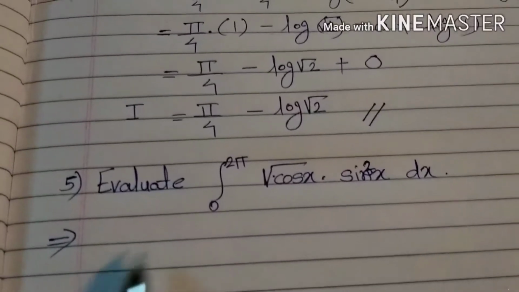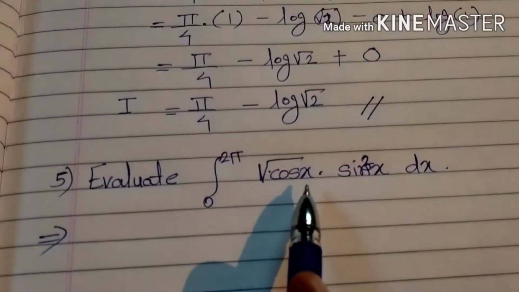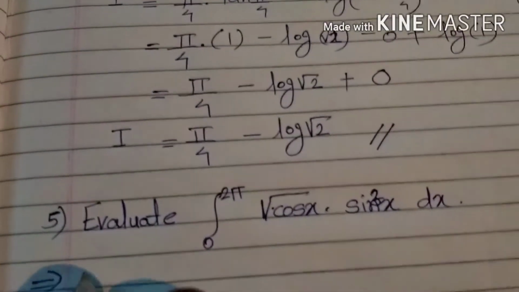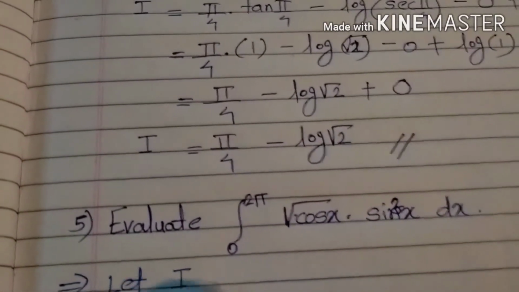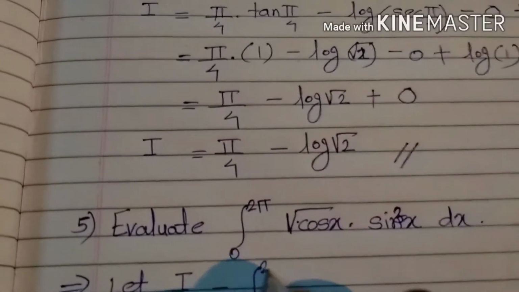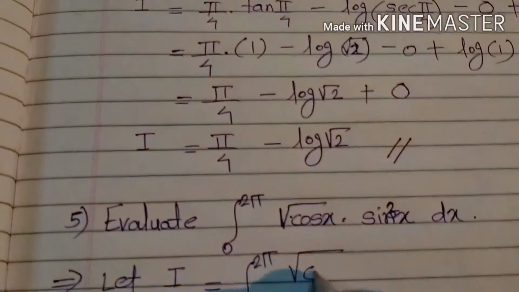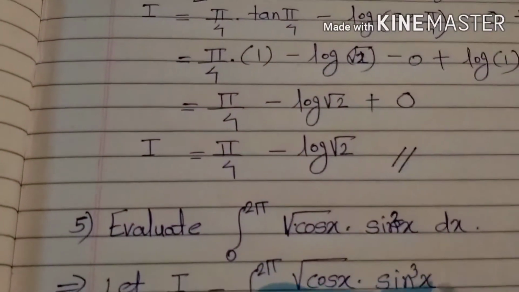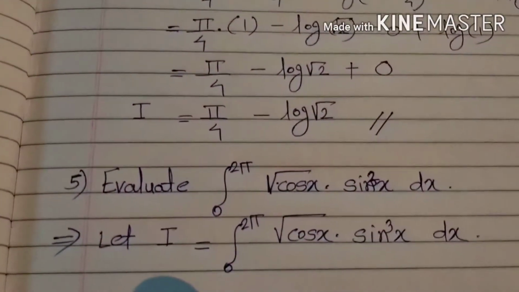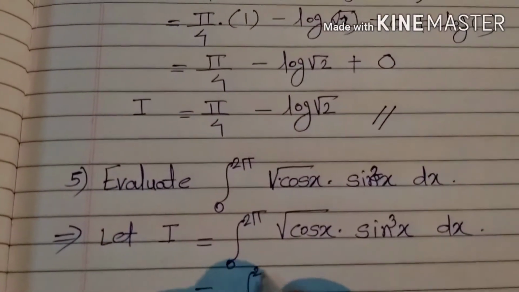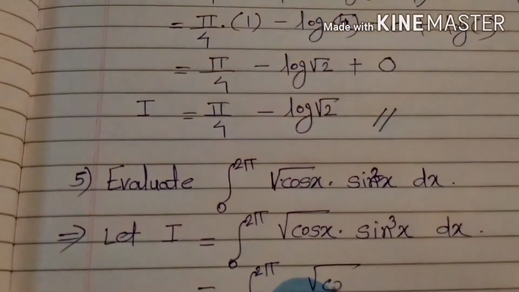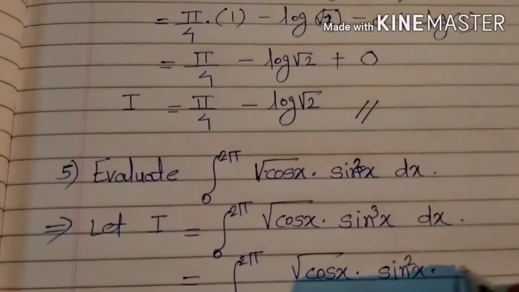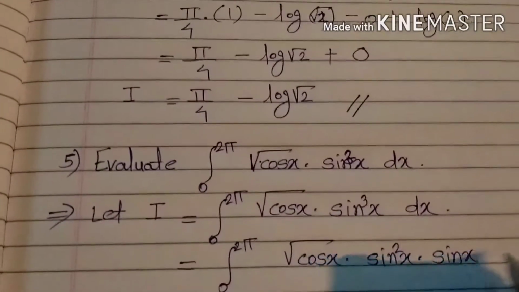Now our next example: evaluate the integral 0 to 2 pi of under root of cos x into sin cube x dx. So let I is equal to integral 0 to 2 pi under root of cos x into sin cube x dx. Now split this sin cube x like that: under root of cos x into sin square x into sin x dx.